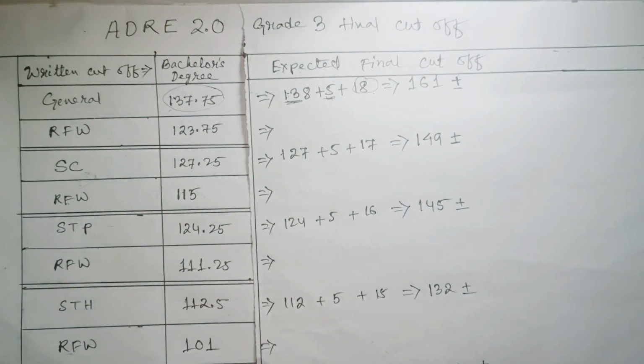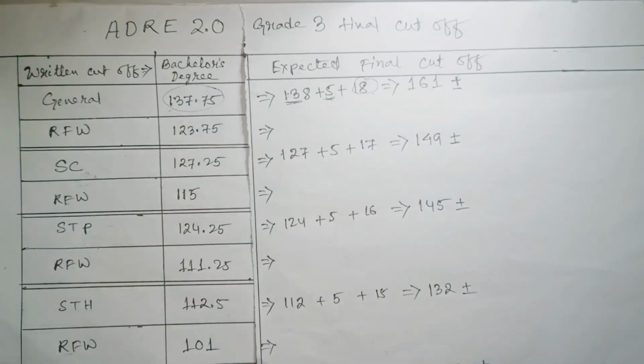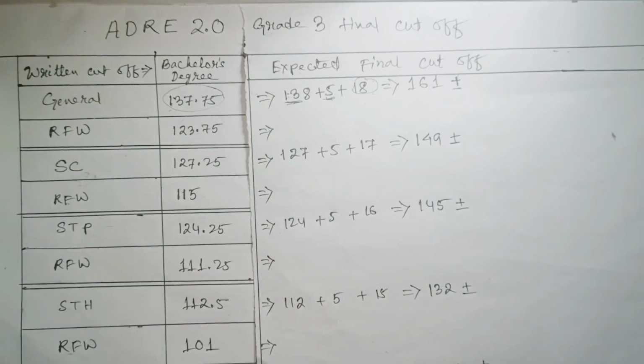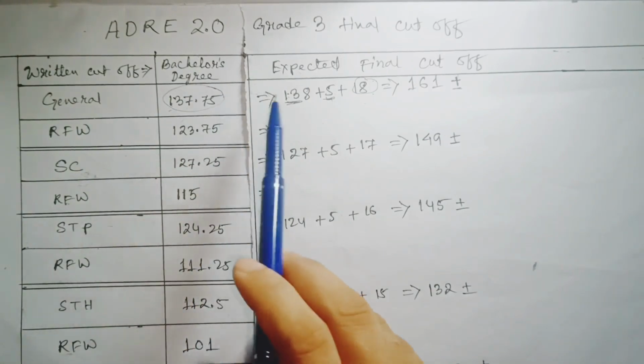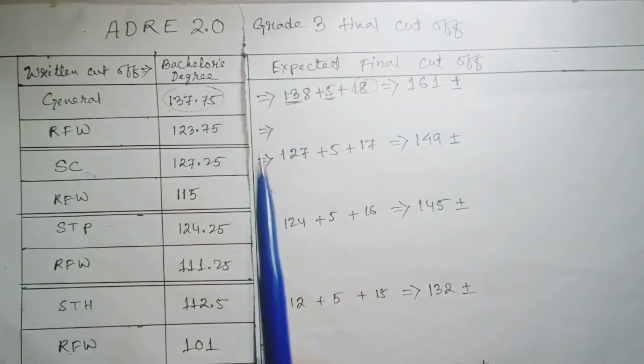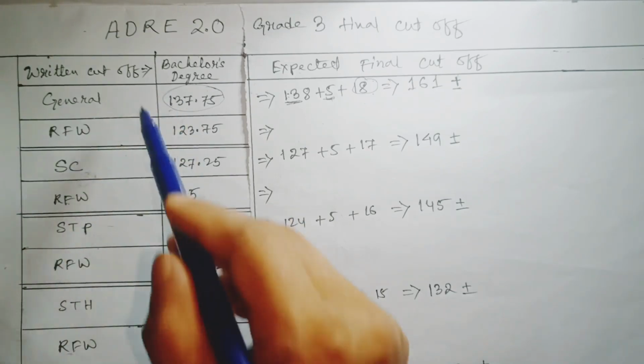So the bachelor's degree cutoff was higher than degree with computer, and for both categories the paper was the same. That means any candidate who clears bachelor's degree will definitely clear the degree with computer. So in this category we have a high chance of overlapping.